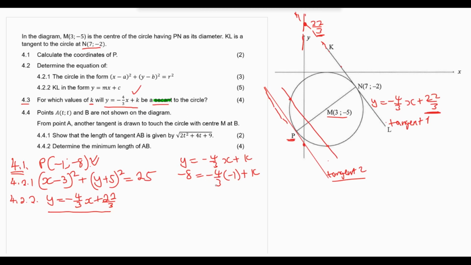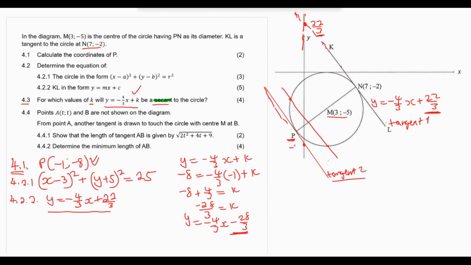Let's find our k, or our c. It becomes -8 + 4/3 = k. -8 + 4/3 is -20/3... so k = -28/3, as stated. So the equation of tangent 2 should be y = -4/3 x - 28/3, meaning that the y coordinate of the y-intercept is -28/3.